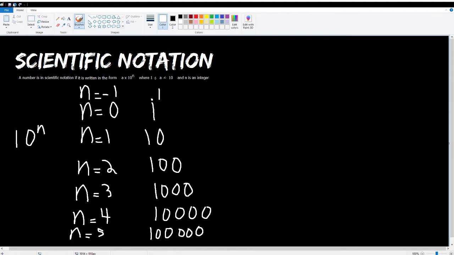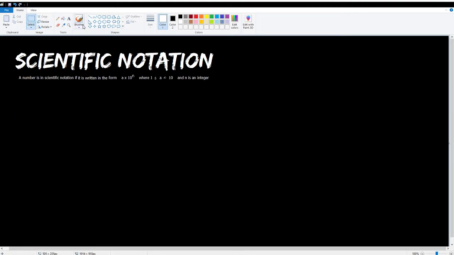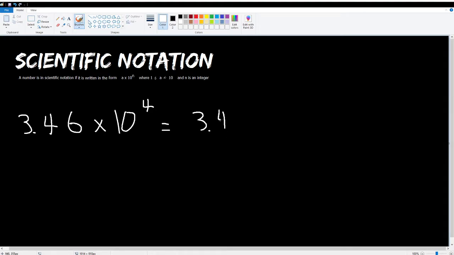So let's look at this first example: 3.46 times 10 to the 4. The first thing we have to do is write down the number 3.46. Then we look at the exponent with the base 10, and it's 4.